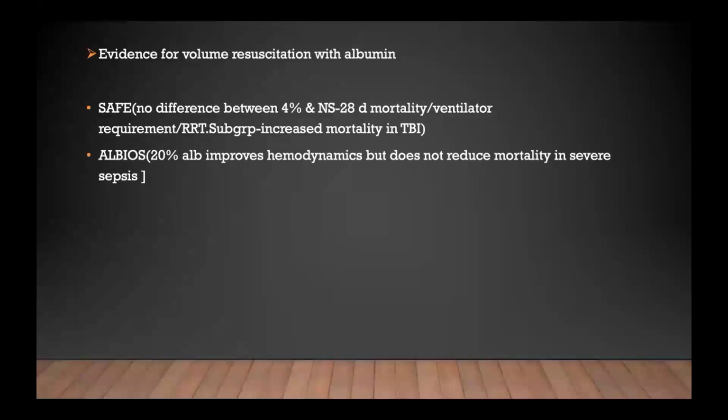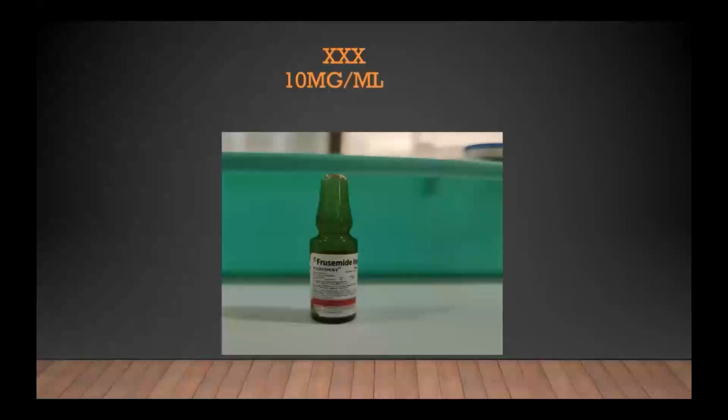In fact, the SAFE subgroup showed that in TBI, there was increased mortality when albumin was used. And the ALBIOS study just showed that it improved the hemodynamics earlier when 20% albumin was used, but there was no mortality benefit in severe sepsis. Okay?